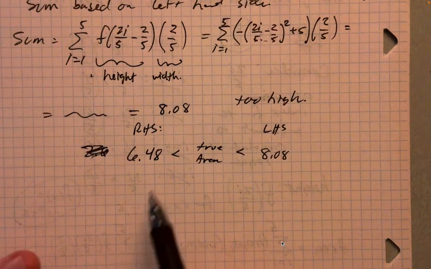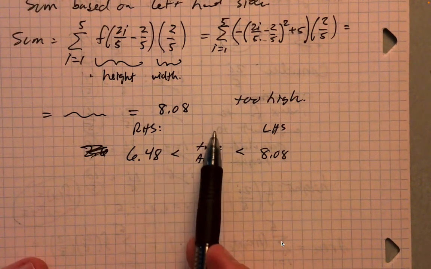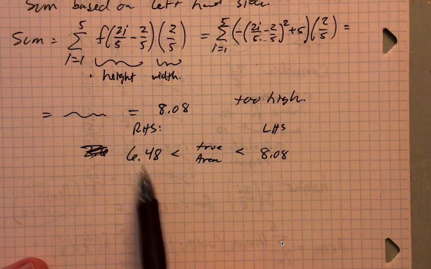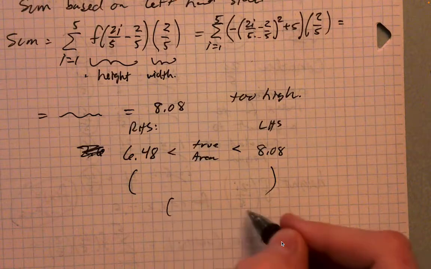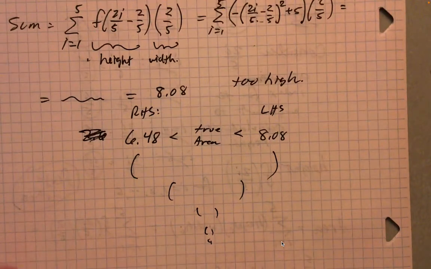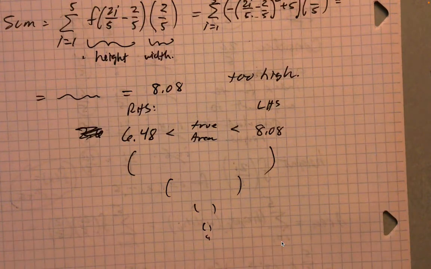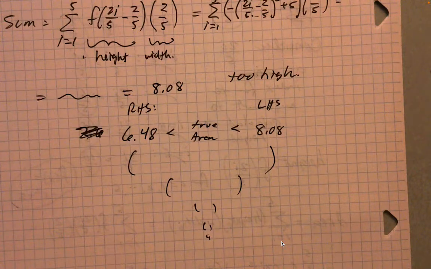Now, as you can guess, as we increase the number of rectangles, this interval would go from being very wide to less wide, to less wide, until eventually it could be as small as you like. So you're arbitrarily close to the true area. Okay, so that's the starting example.